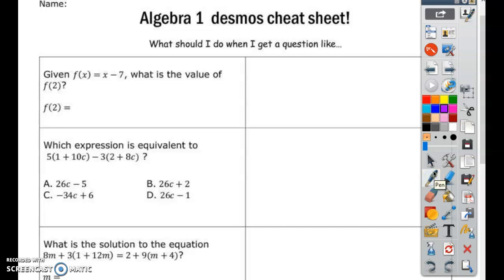When they give you f of x, and then they say f of a number, you're going to type the whole equation. Write this down: f of x equals x minus 7 in Desmos, and then in the next line, type f of 2.